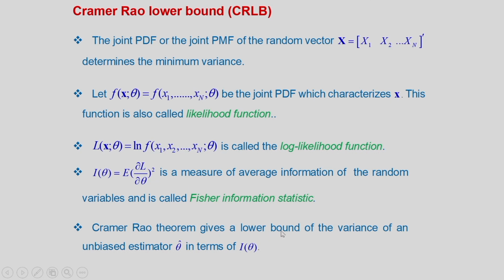Cramer-Rao theorem gives a lower bound of the variance of an unbiased estimator theta hat in terms of I theta. So, the lower bound in the variance will be given in terms of I theta. So, we have discussed what is I theta, that is the Fisher information statistics, that is E of del L del theta square.